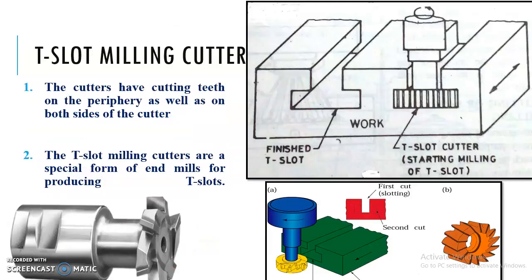Next one is the T-slot milling cutter. It is a special type of milling cutter which has cutting edges or cutting teeth on its periphery as well as on both sides. If you look at the first picture, here I can produce a T-slot and remove the material at the bottom as well as on the side surfaces.